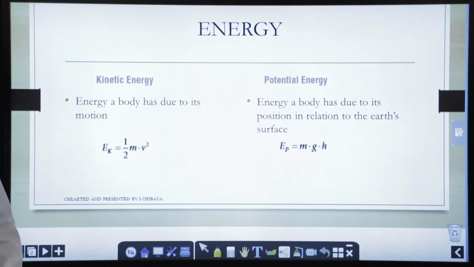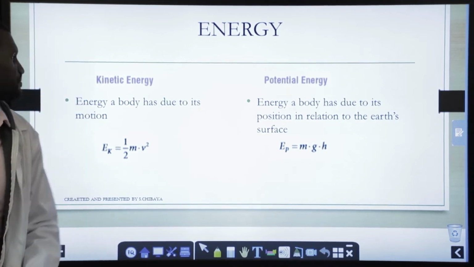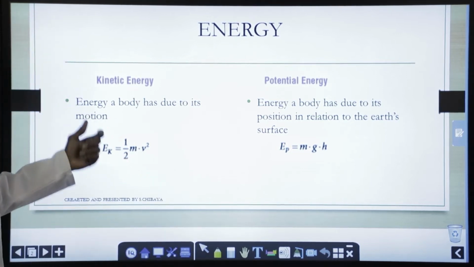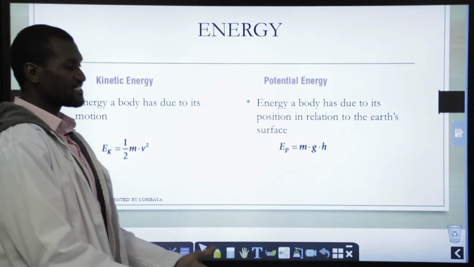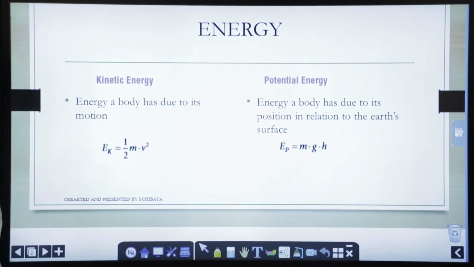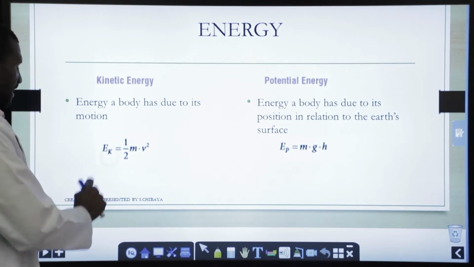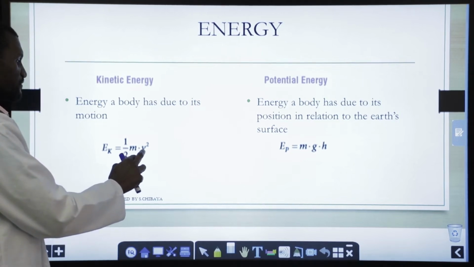I remember the last time when I was talking about work, energy and power, I asked you to think about kinetic energy. Kinetic energy is the energy a body has due to its motion. So everybody that is in motion has got kinetic energy. It is given the symbol EK and calculated as half mv squared.